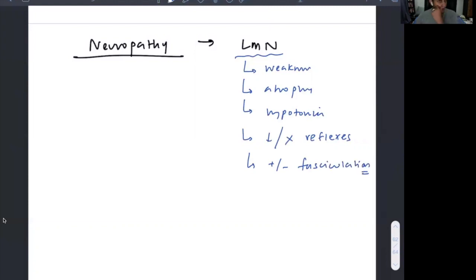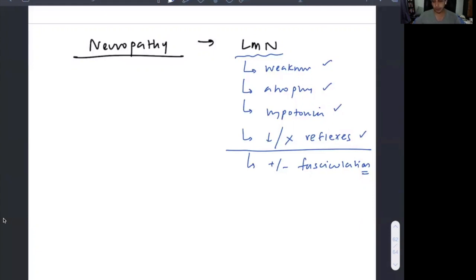Now, usually fasciculation is not a characteristic of neuropathy. You usually get fasciculation if the muscle is involved, or if your anterior horn cell is involved. But the other features, weakness, atrophy, hypotonia, and decreased reflexes, are all part of LMN lesions, and they're all seen in neuropathy.